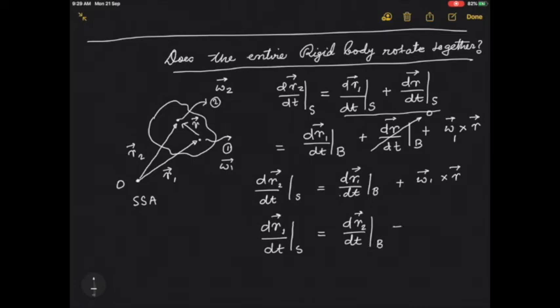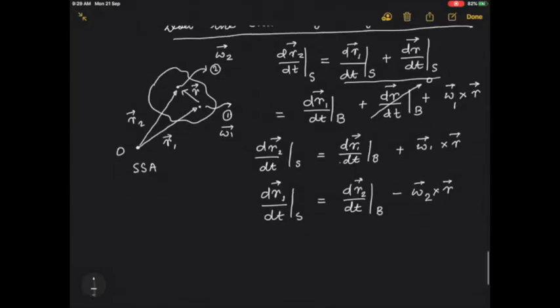So this will remain as it is. We'll just have to change r1 to r2, but because of that minus sign, this r will become minus r. And now I'm talking about rotation with respect to 2, so I call that omega 2.